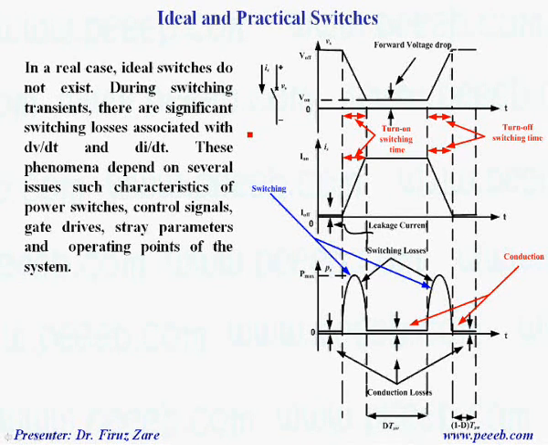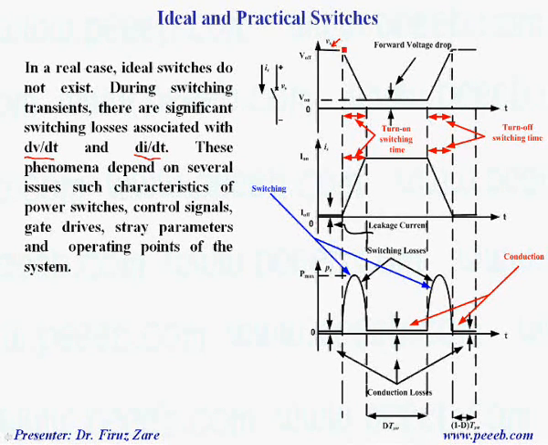During switching transients, there are significant switching losses associated with dv/dt and di/dt. These phenomena depend on several issues such as characteristics of power switches, control signals, gate drives, stray parameters, and operating points of the system. So suppose that the switch is in the turn-off state.